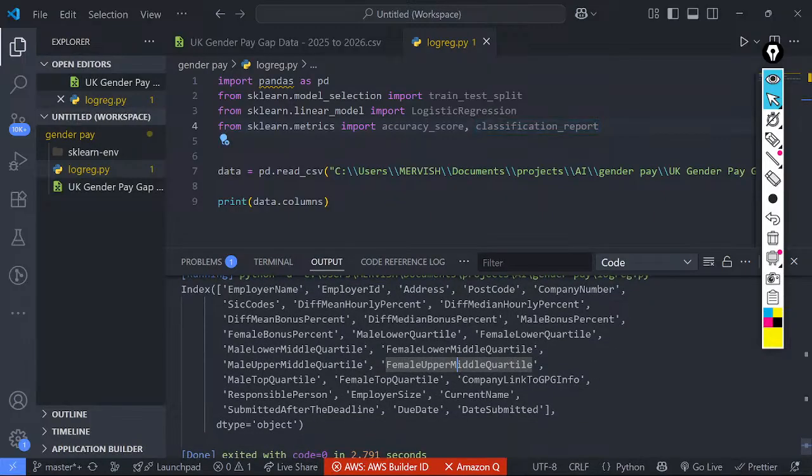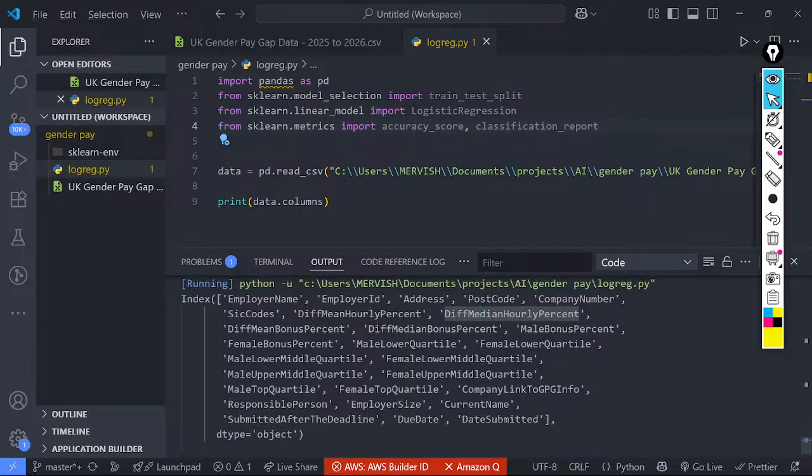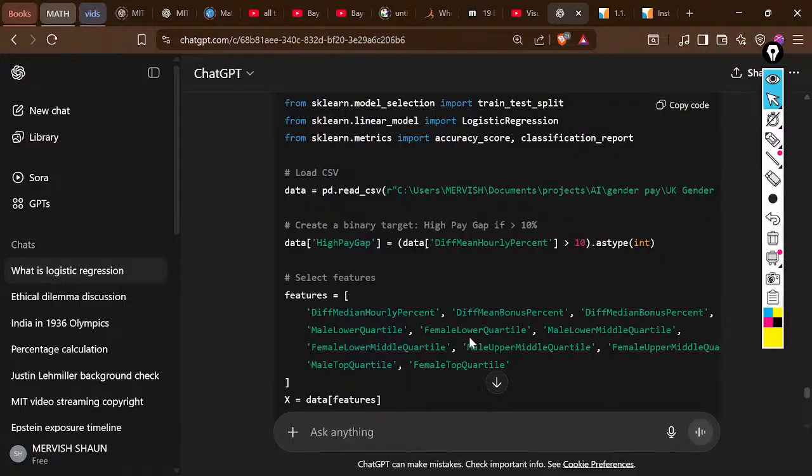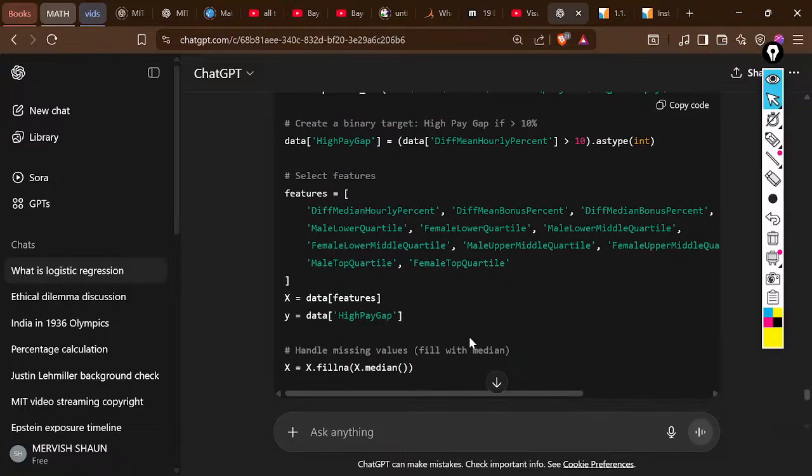I'm trying to see what we have here. Where is the pay gap? I'm looking for hourly percentage. Features.